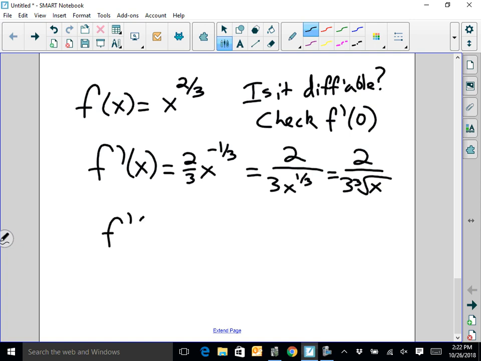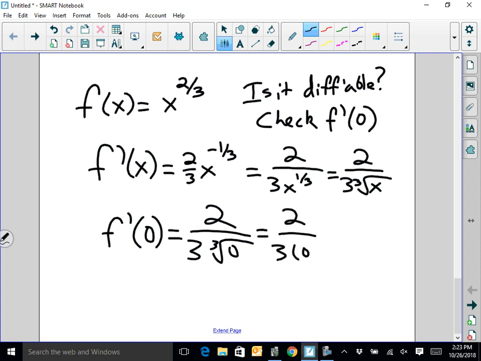Well, f prime of 0 then would be 2 over 3 times the cubed root of 0. The cubed root of 0 is 0. Uh-oh, 2 over 0. Anytime I divide by 0, that is undefined. So f prime of x is undefined when x equals 0.